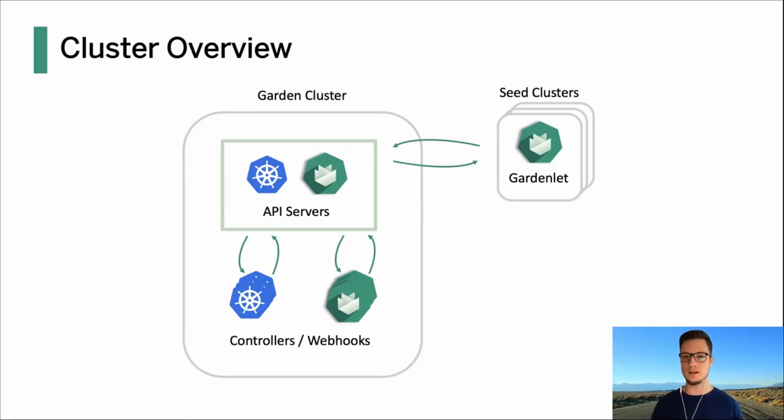The gardenlet also requests, updates, and posts resources via the API servers in the garden cluster on a constant basis. All these controllers and components not only request or update resources, but also load them into their memory. They have local caches, they watch the resources, all that stuff. So this is the cluster setup, more or less.